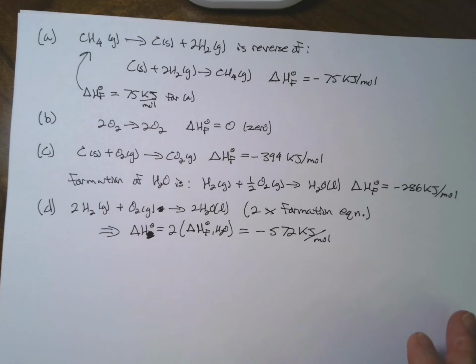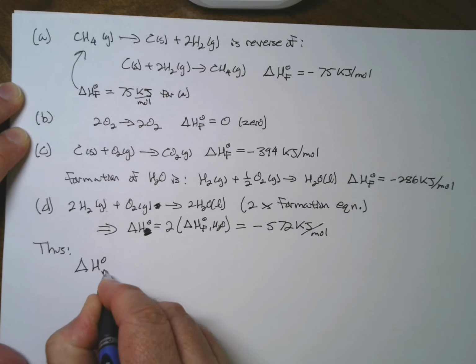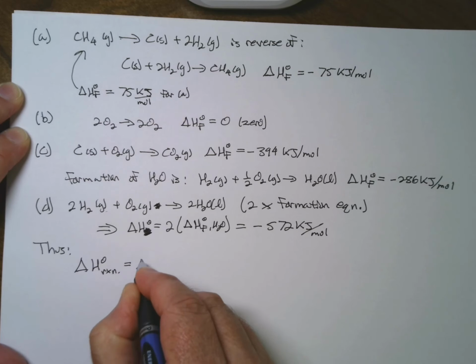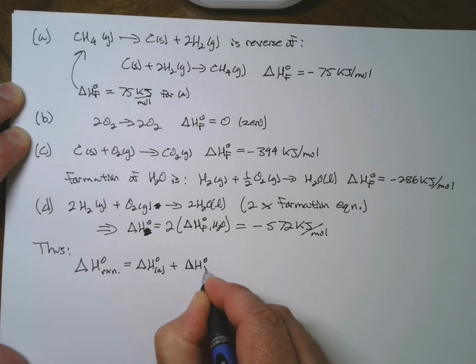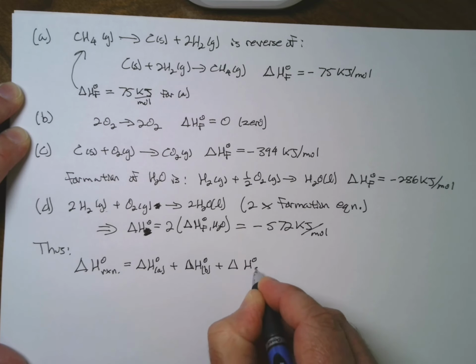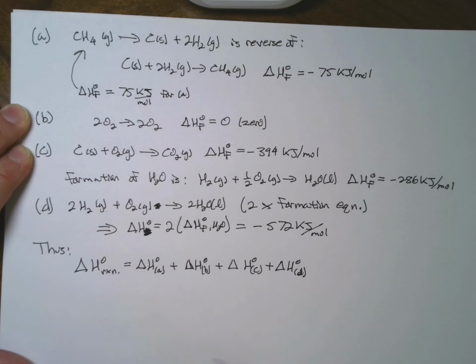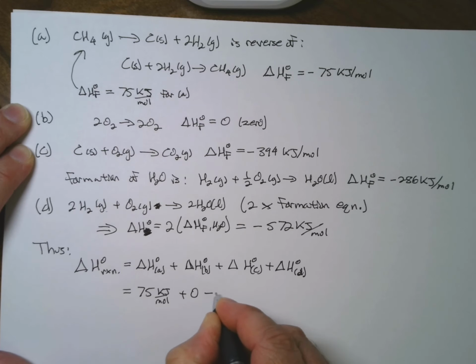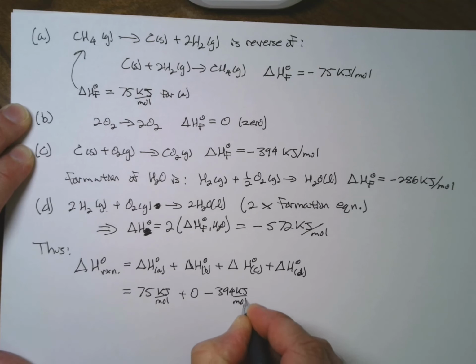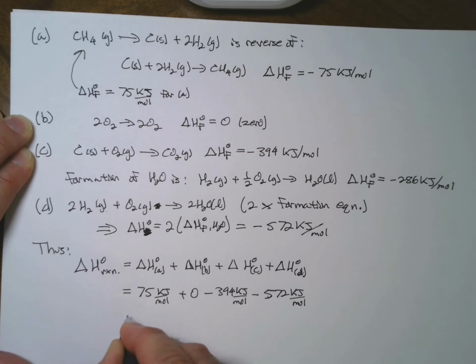Okay, so our delta H naught for the reaction equals delta H naught for A plus delta H naught for B plus delta H naught for C plus delta H naught for D, and what that equals is 75 kilojoules per mole plus 0 minus 394 kilojoules per mole minus 572 kilojoules per mole, which equals minus 891 kilojoules per mole.